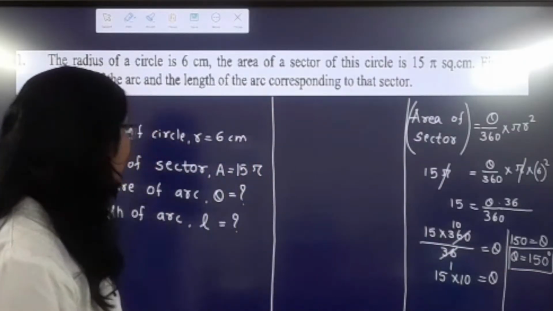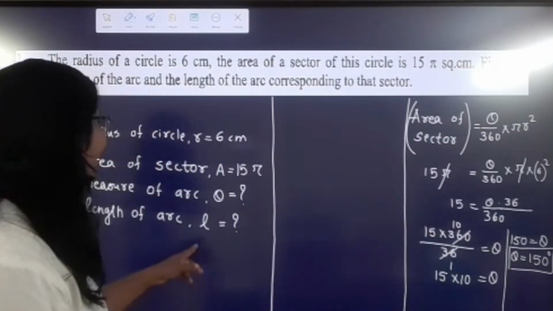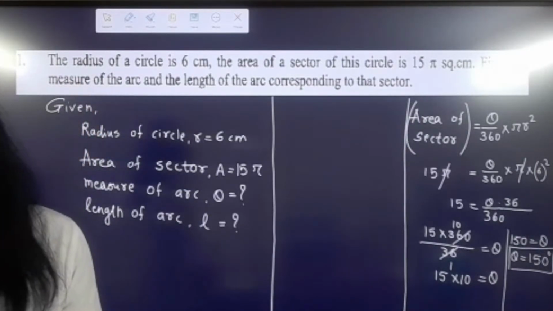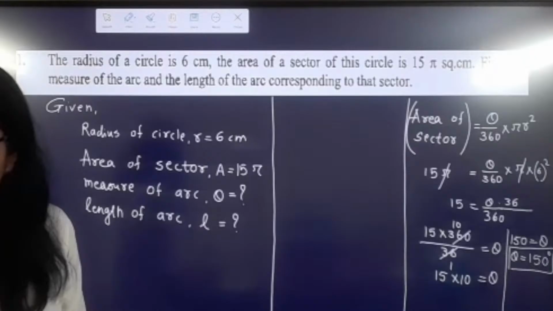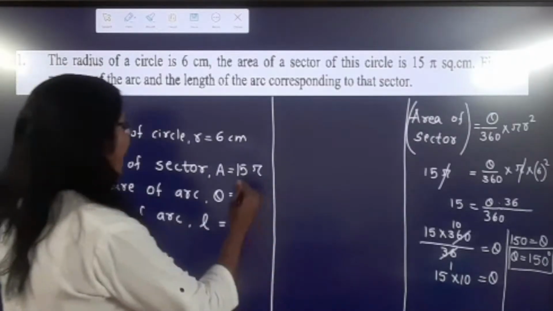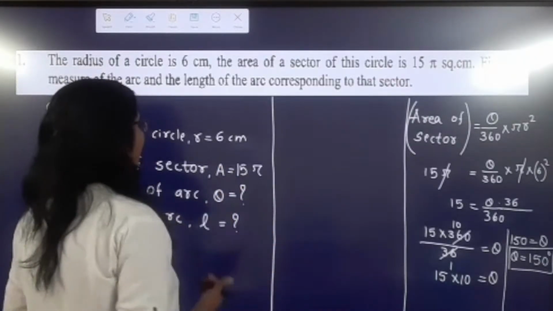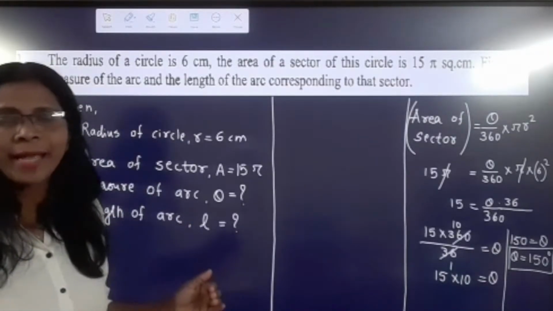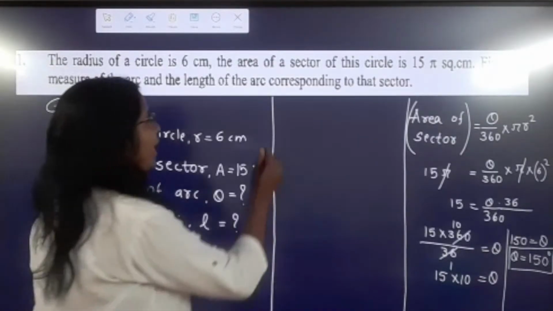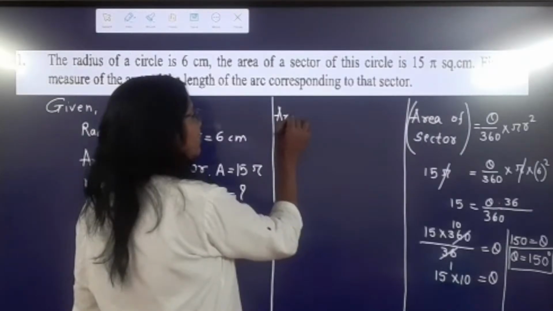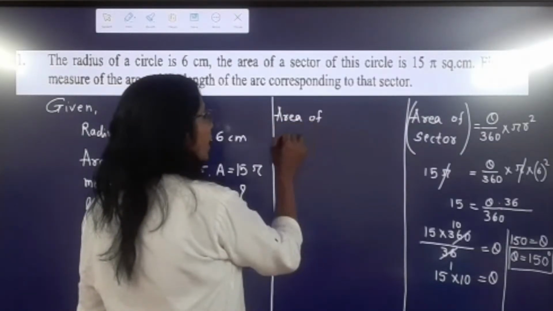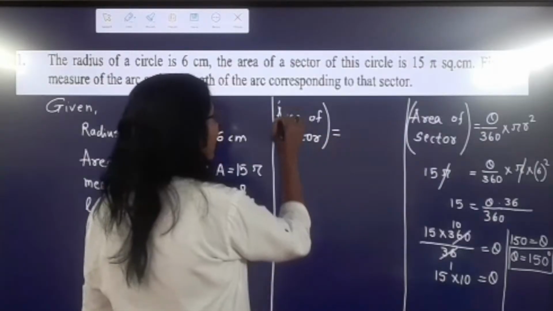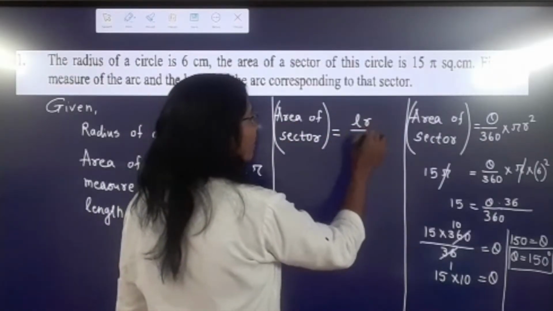So now we have to calculate the L. The relation between the area of sector and the length of arc is given by a formula, and that formula is area of sector is equal to L R upon 2.